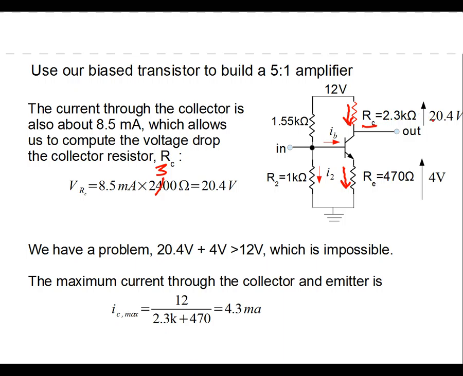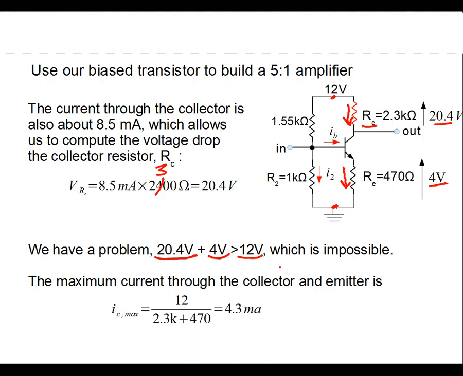Hold it. We got a problem, because we know that the potential difference between this point and this point has to be 12 volts. But now the 8 milliamps going through the collector resistor would give us 20 volts, and 8 milliamps going through the emitter resistor gives us 4 volts. That's greater than 12 volts. So this 4 plus 20 is greater than 12, which means this is impossible. So we made a mistake when we did the calculation.